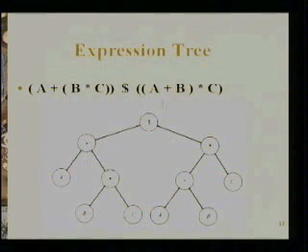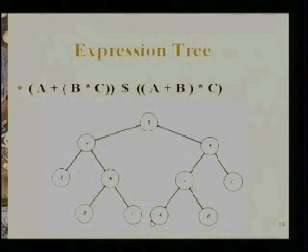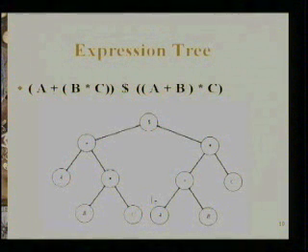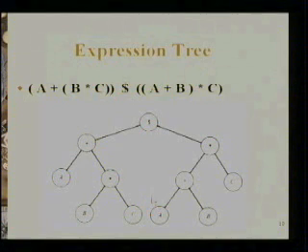You are traveling this particular tree in order, and when you travel it by in-order traversal, you get the resultant expression. It's a test for you, so take note of this particular tree and try to arrive at the expression shown above.